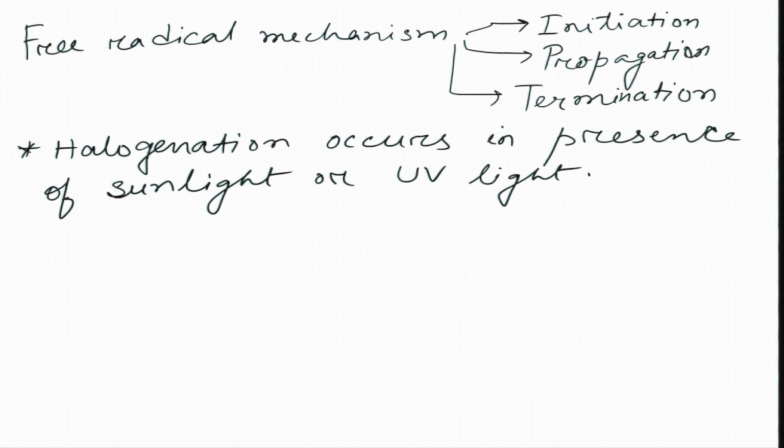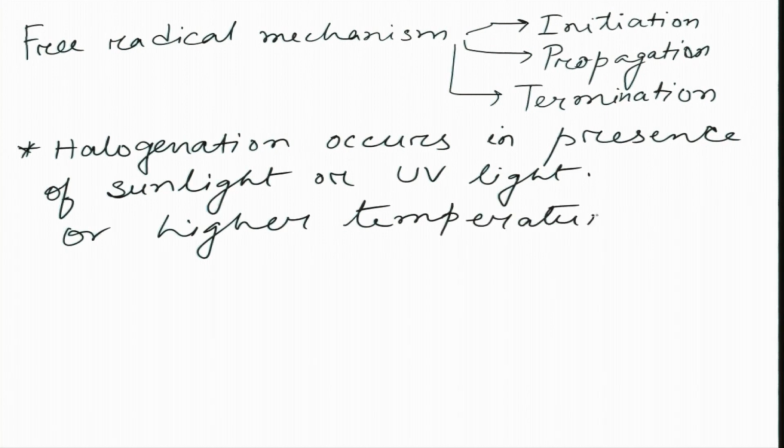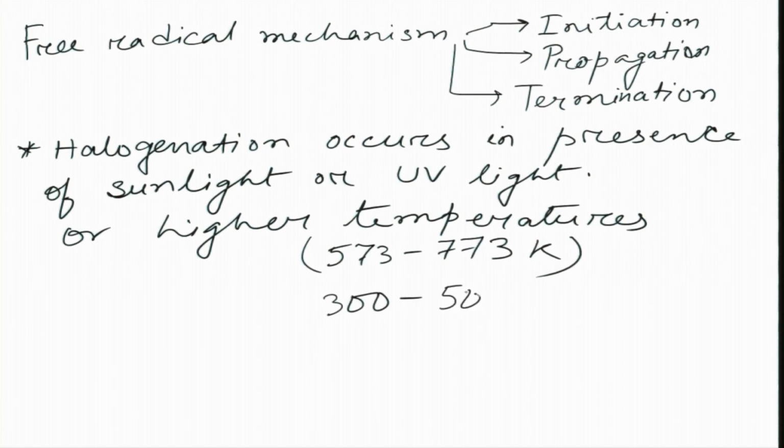And it can also occur at higher temperatures, such as 573 to 773 Kelvin. So, if we convert it in degree Celsius, so 273 Kelvin means 0 degrees Celsius. So, it will be around 300 to 500 degrees Celsius. Okay. So, halogenation occurs in multiple steps.